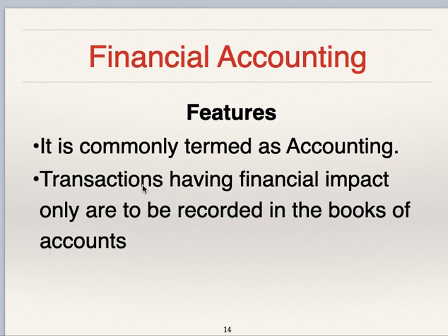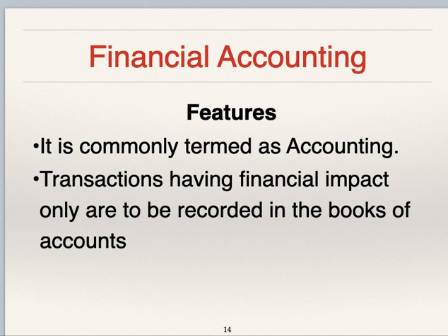First is, it is commonly termed as accounting. Transactions which have financial impact are only recorded in the books of accounts. That means, supposing if a businessman negotiates with customer regarding supply of product, this will not be recorded. The negotiation is a deal which will potentially create a transaction and will have exchange of money or money's worth.